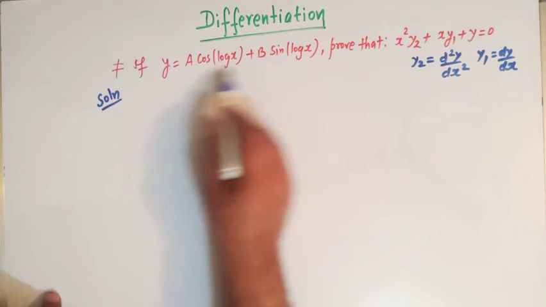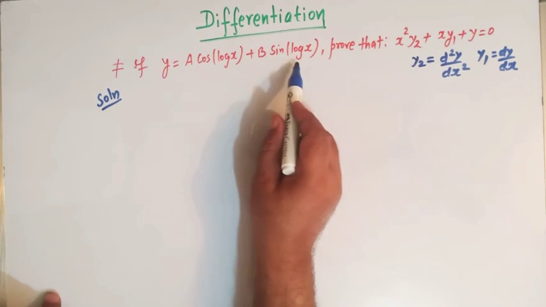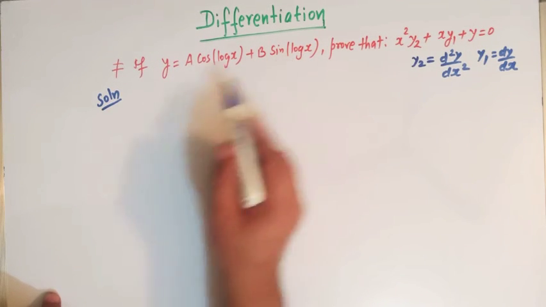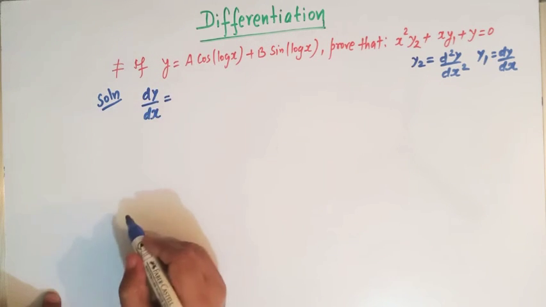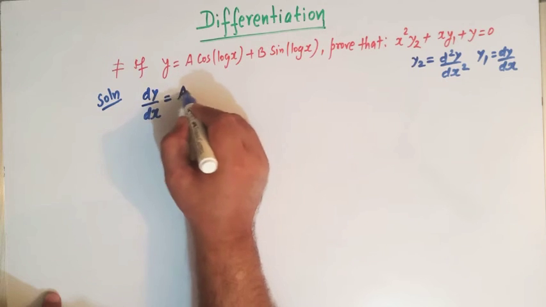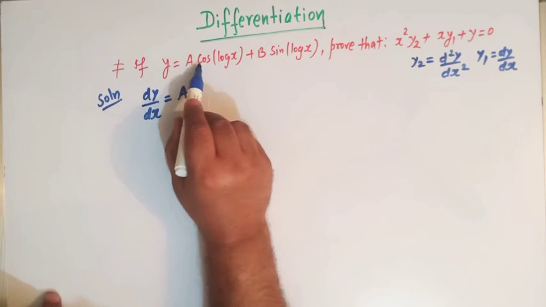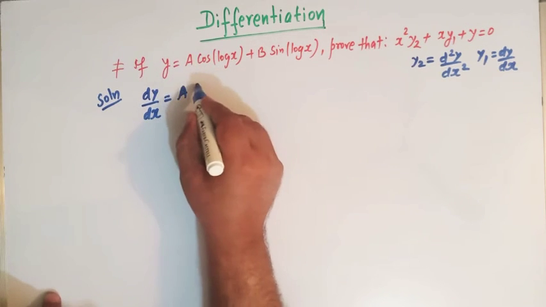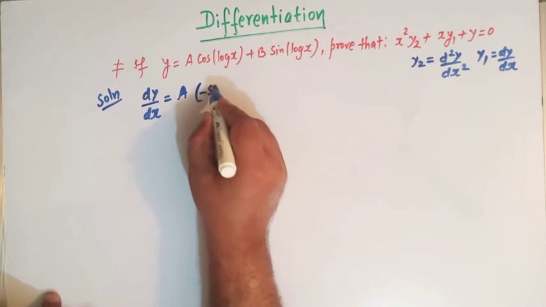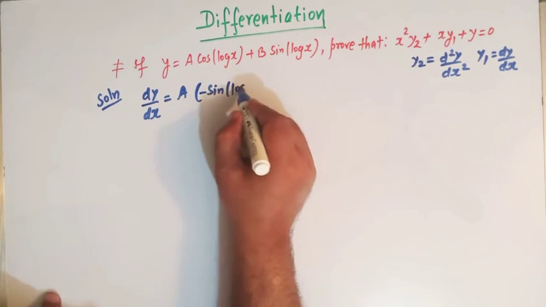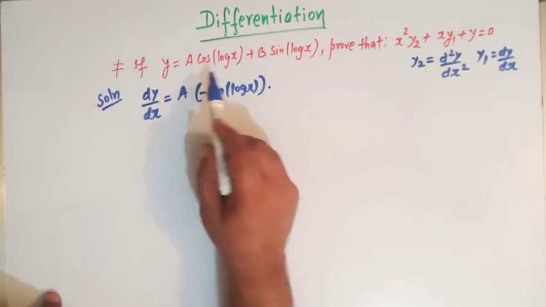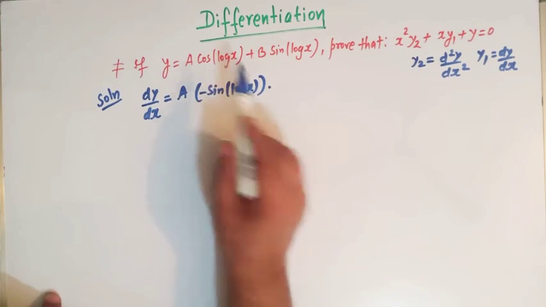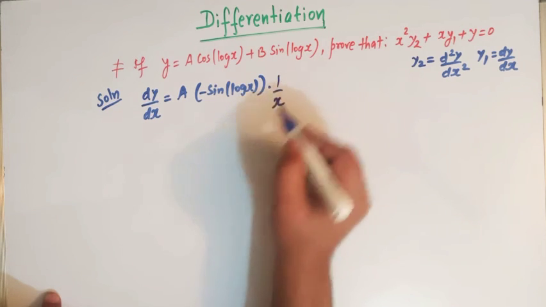So first we will differentiate this expression with respect to x. So dy over dx is equal to a is constant, the derivative of cos function is minus of sine log x, and then the derivative of log x is 1 over x, right?